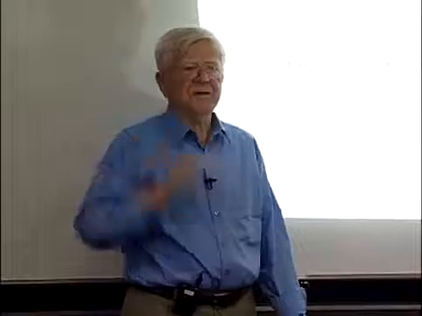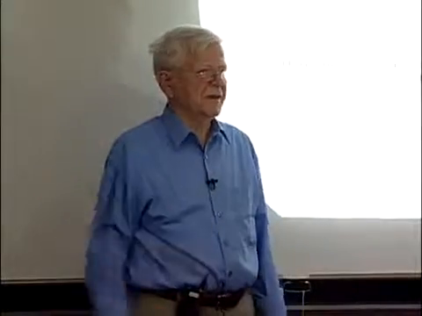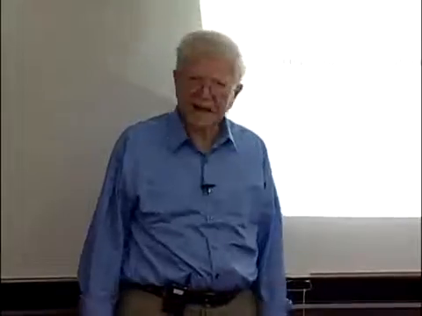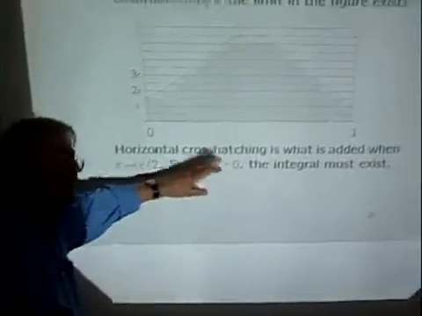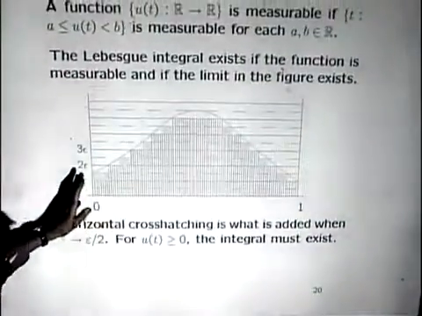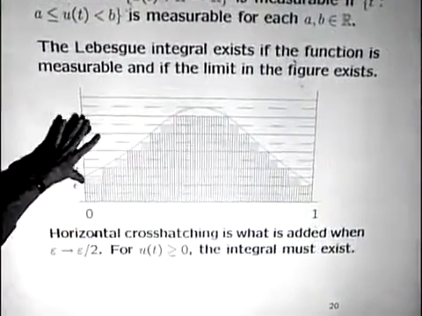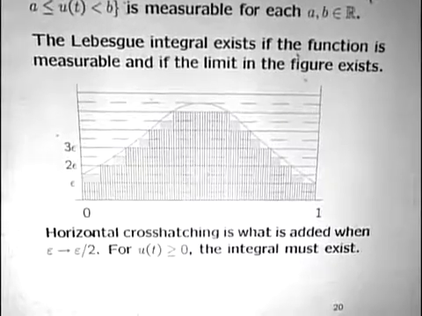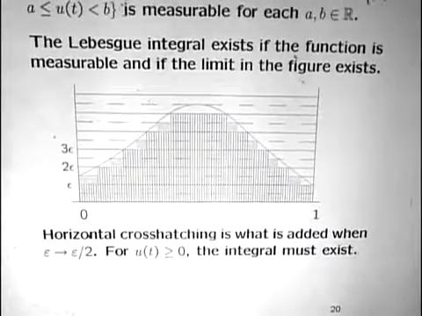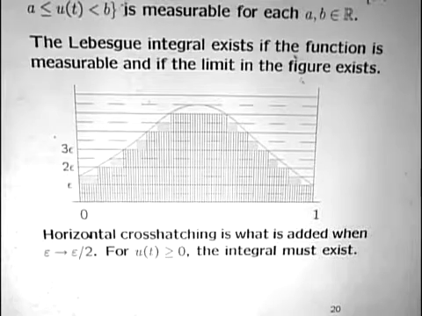Conclusion, I either get to a finite number or I get to infinity. Only 2 possibilities. Which says that if I'm only looking at real functions which have non-negative values, the Lebesgue integral for a measurable function always exists if I include infinite limits as well as finite limits.